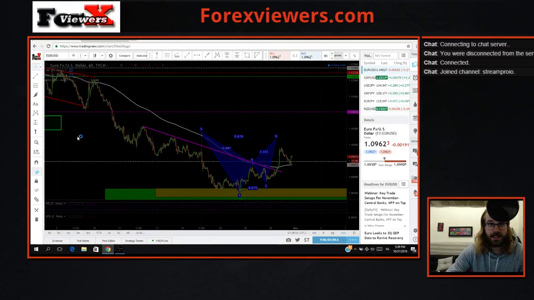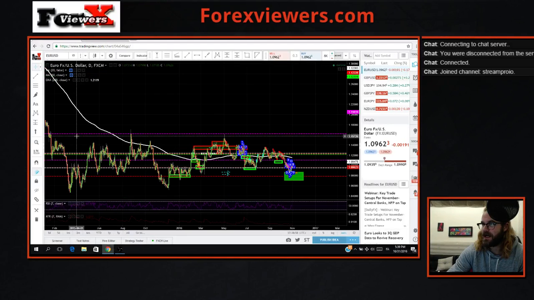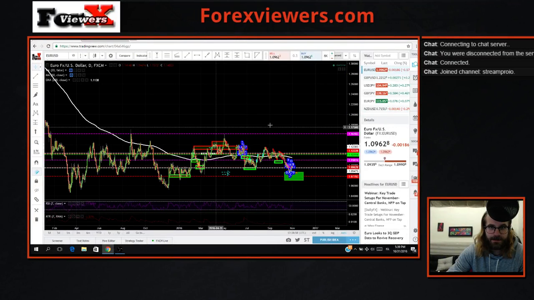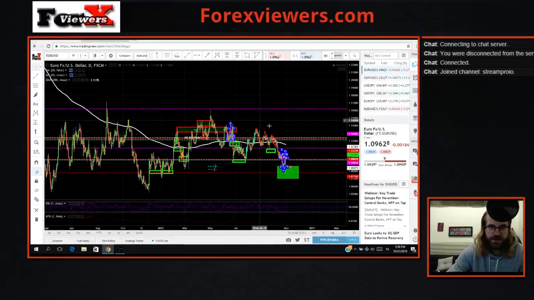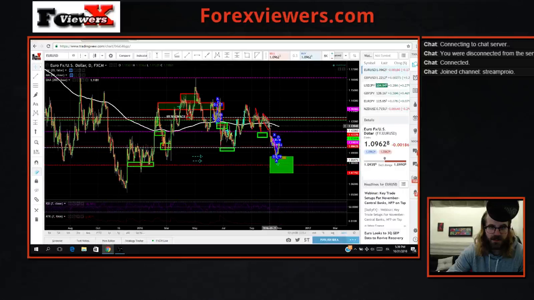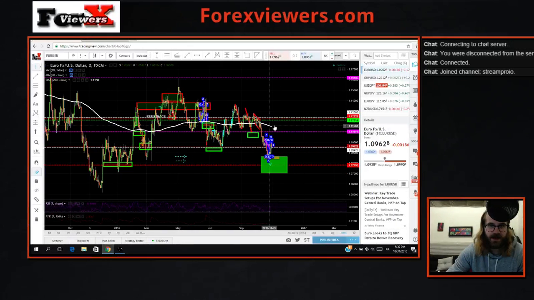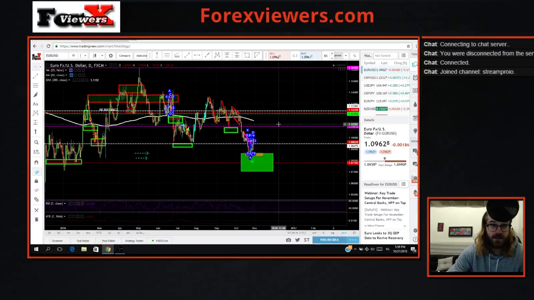If it's not too clear on the 4-hour, I might bump up to a daily chart. So let's get right into it and we shall see how this works. If you take a look at the boxes right here, this is nothing more than support and resistance.